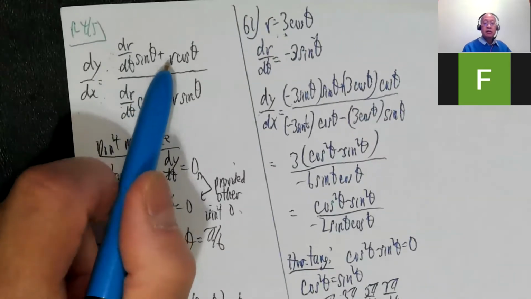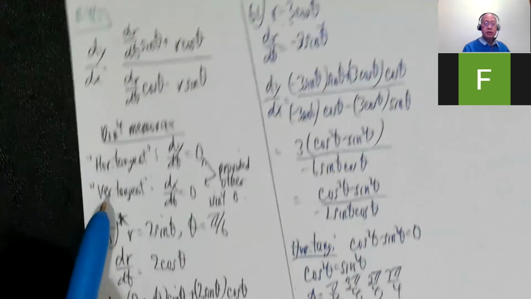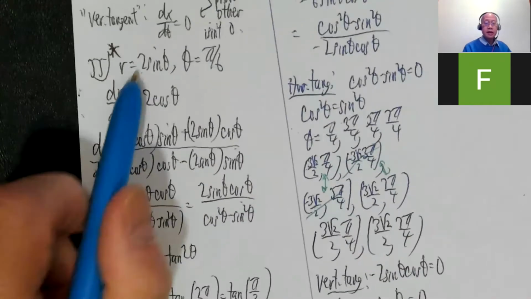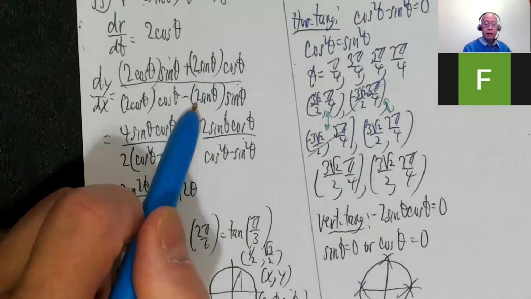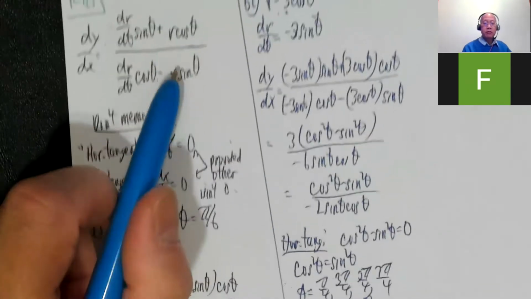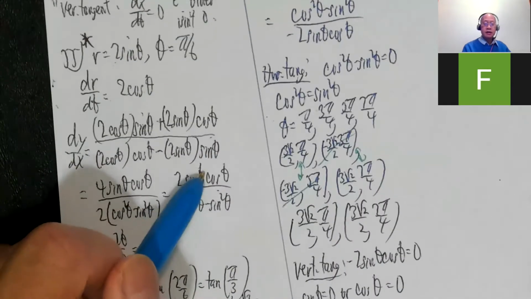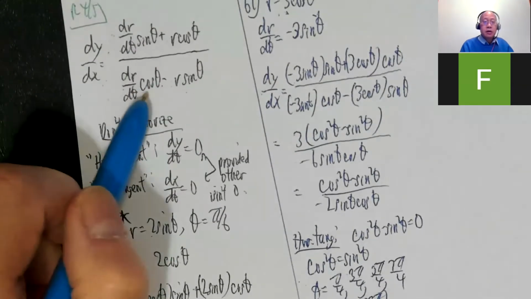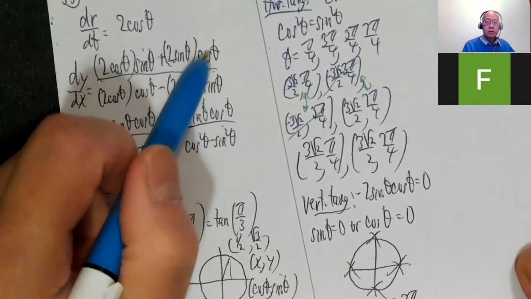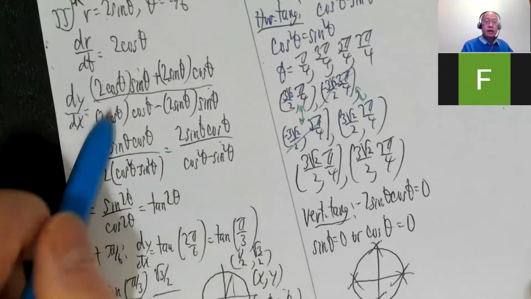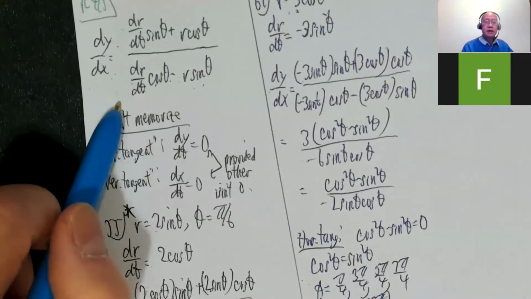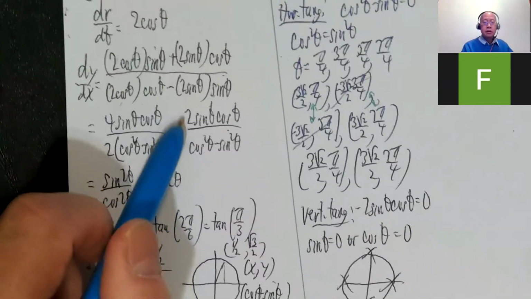So plus r cosine theta, r sine theta. r is just the original, so 2 sine theta goes right there and also right there. And then by formula, cosine theta, sine theta. For these kinds of problems, there's always going to be sine theta, cosine theta, cosine theta, sine theta. These two right here are dr/d theta. These two are the original r.